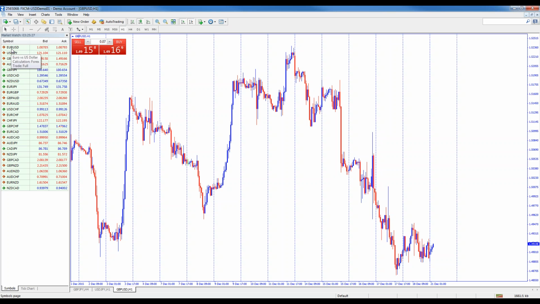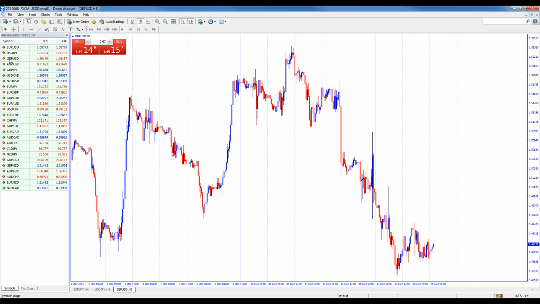The currencies that we work with: you have the US dollar and you have the euro. The euro is Europe, and they have their own currency. JPY is the Japanese yen. These are major currencies. The British pound is England, the United Kingdom.